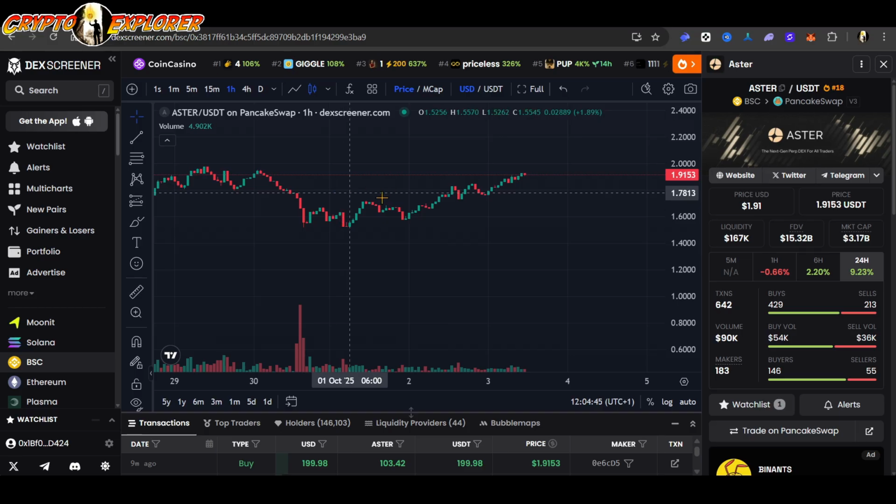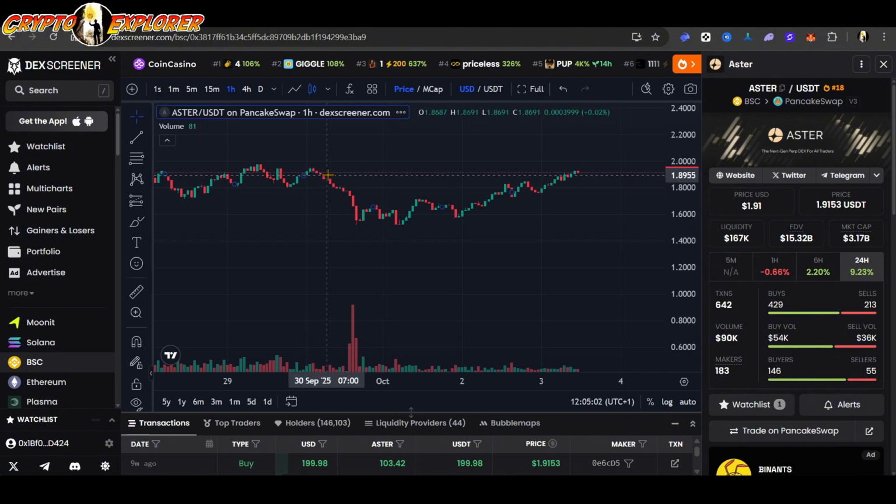So essentially now we are in an uptrend because of that. Previous resistance became support. And the same is also true for the opposite. Whenever previous support becomes resistance, we are on a downtrend, right? So right now we see that it's once again testing at around 1.90 like it did here.